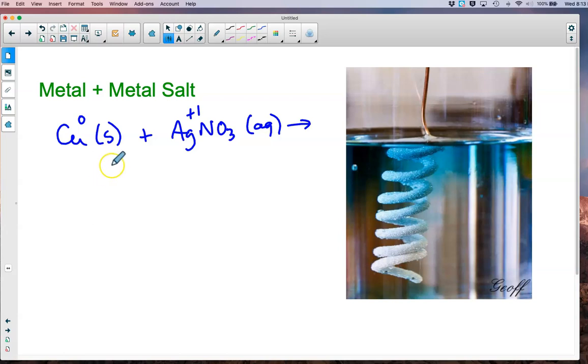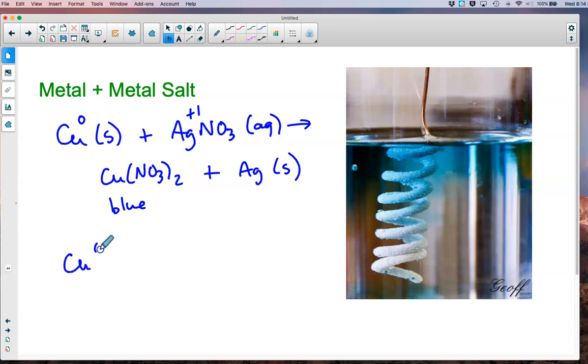So the copper is becoming a +2 copper, so it's forming the copper nitrate, which is the blue color you see. And then the silver ions are falling out of solution to become silver metal.